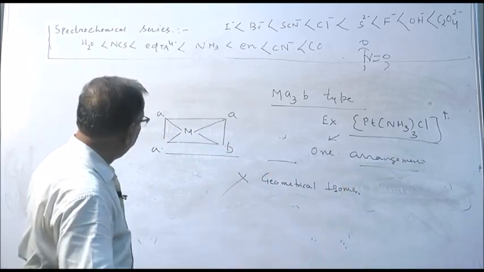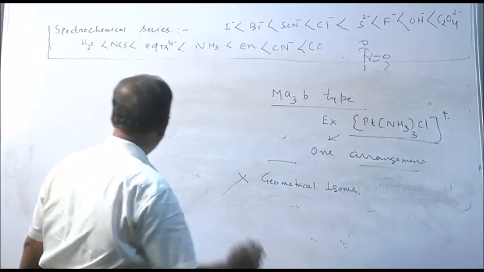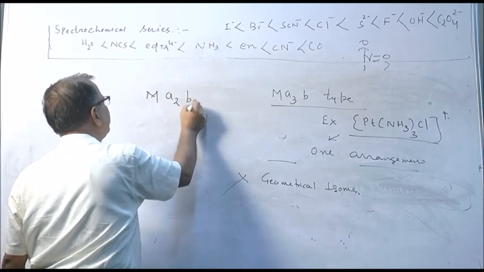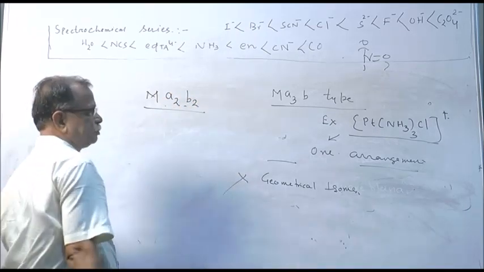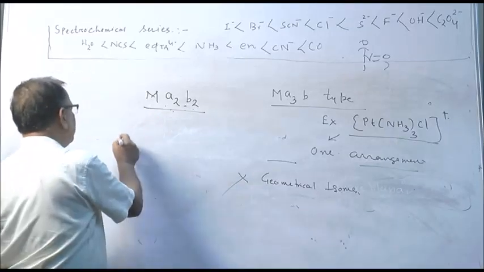Now Ma2B2 type. Ma2B2 type. Two types of ligands are there: 2A ligands and 2B ligands. In this case, we get two types.